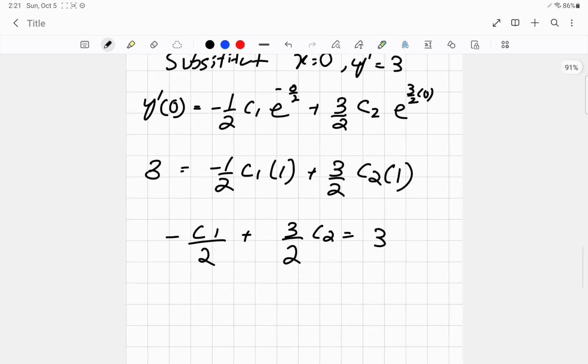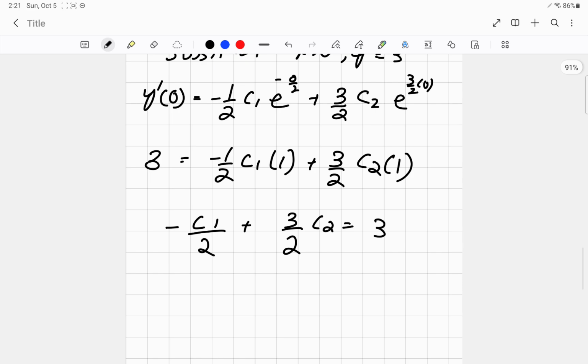Now if you multiply this equation by 2, this will become negative c1 plus 3c2 equals 3 times 2, equal to 6. So this is our second equation, equation 2.